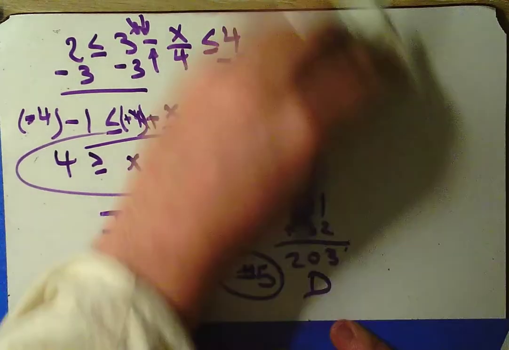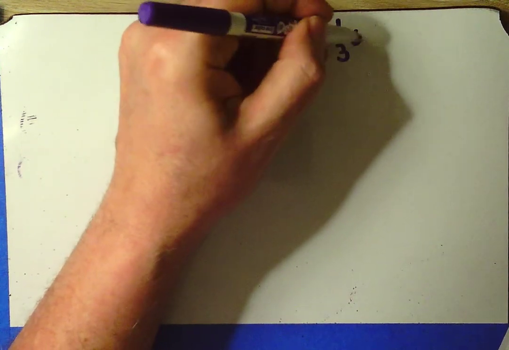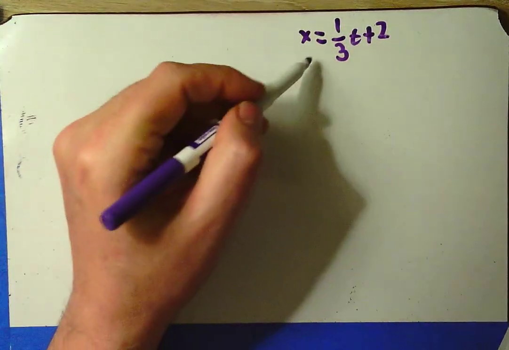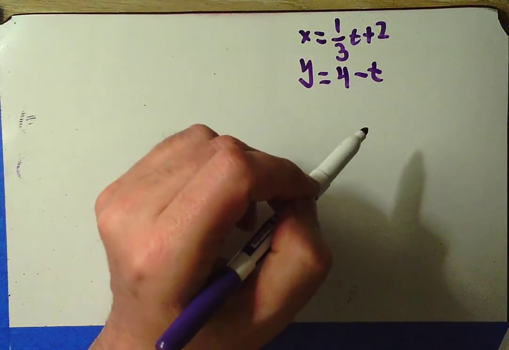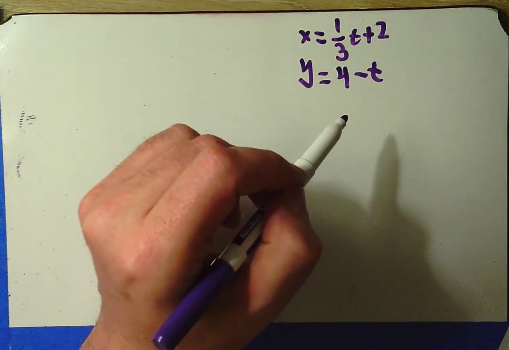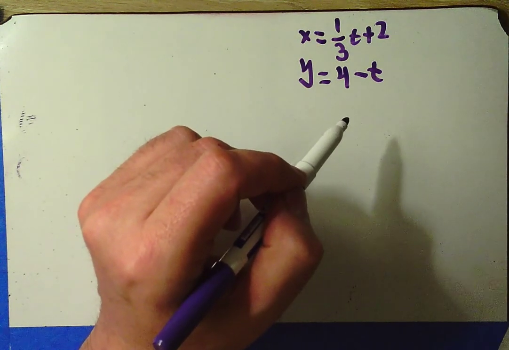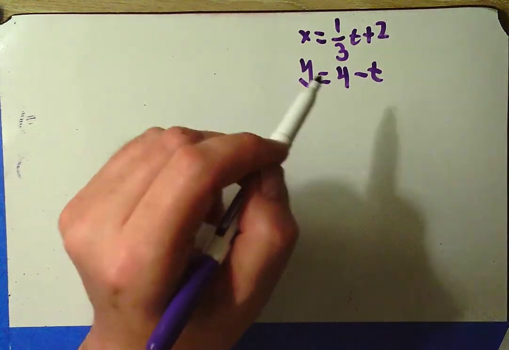6. Let's take a look at 6. Problem 6 says if x equals 1/3 t plus 2 and y equals 4 minus t, which of the following expresses y in terms of x? Well, I kind of want to solve one of these equations for t.